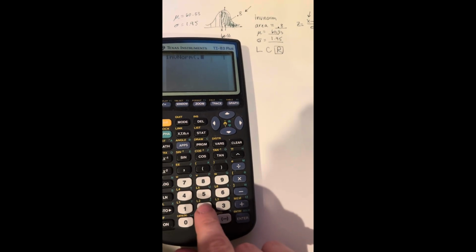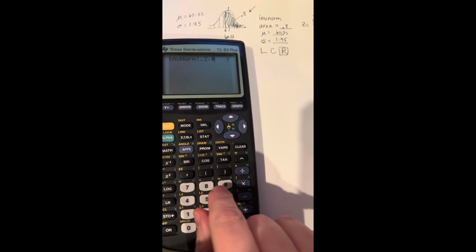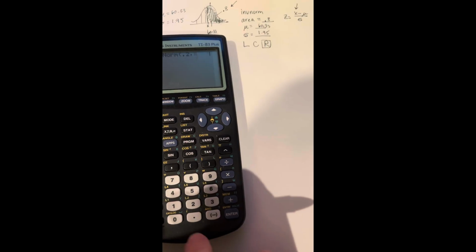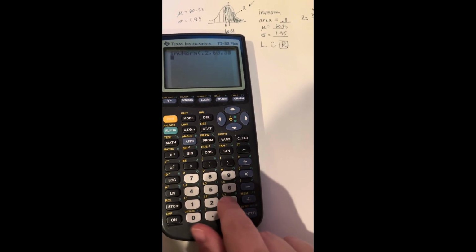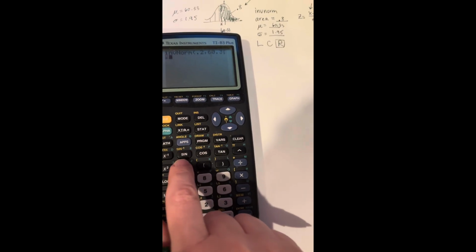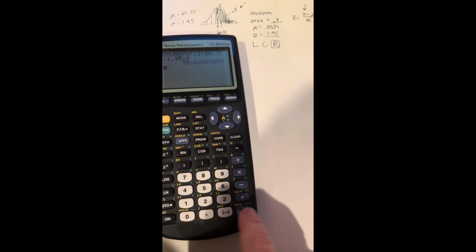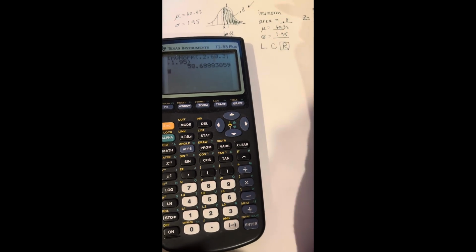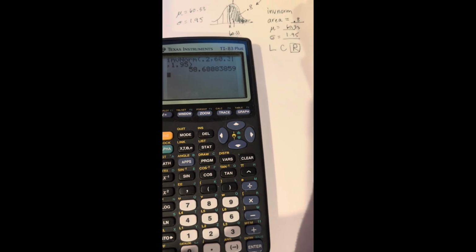So you can completely ignore these directions or this screen because your calculator will be fancier. And let's hope that that is the right order. 58.69, I think. It said correct to two decimal places.